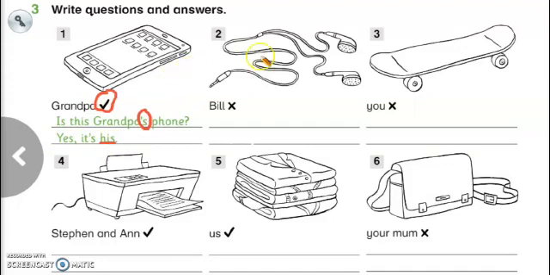Now look at the second picture. What can you see? Yes, we can see earphones. Now, do you think earphones is a singular noun or a plural noun? Yes, excellent. It is plural. So we have to begin the question with are. Are these Bell's earphones?